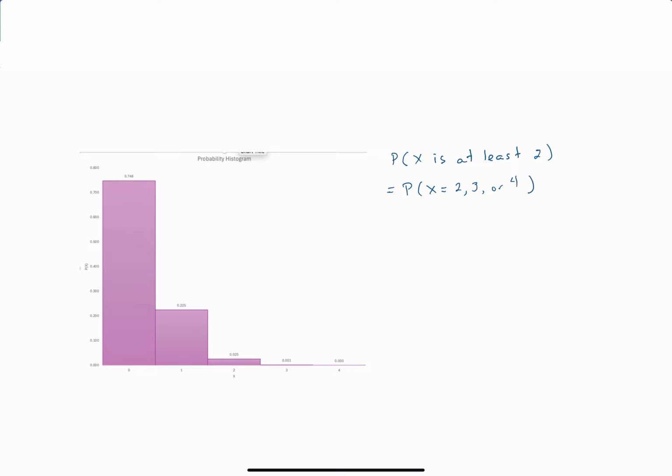So we're going to add up the area of the last 3 rectangles. So we'll add 0.025, 0.001, and our 0.000. And that gives us 0.026, or about 2.6%.